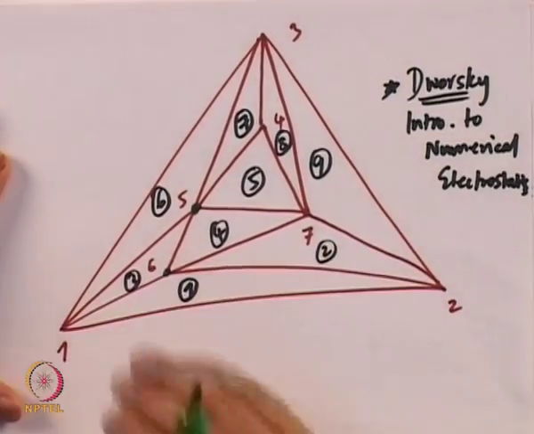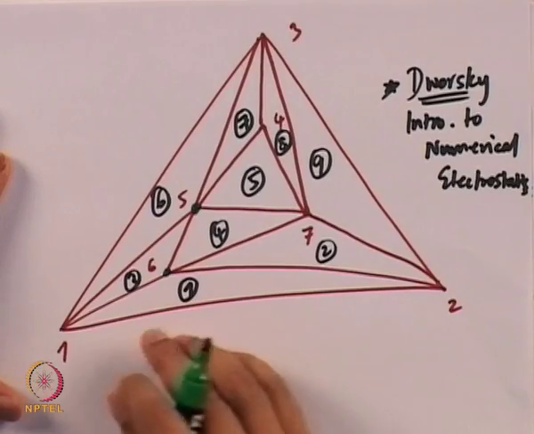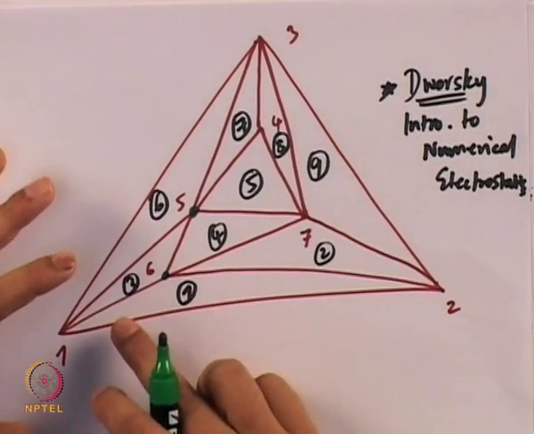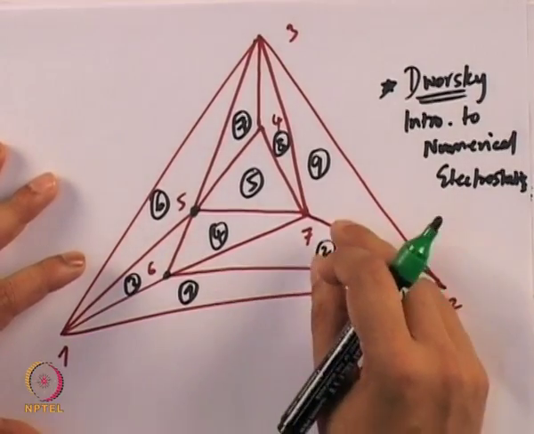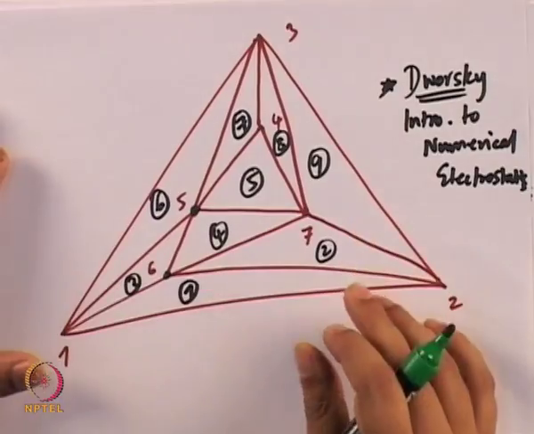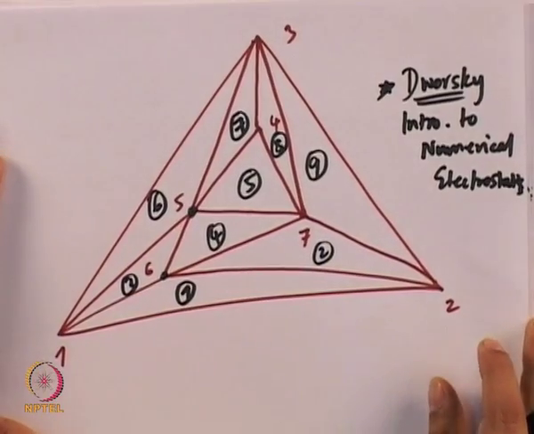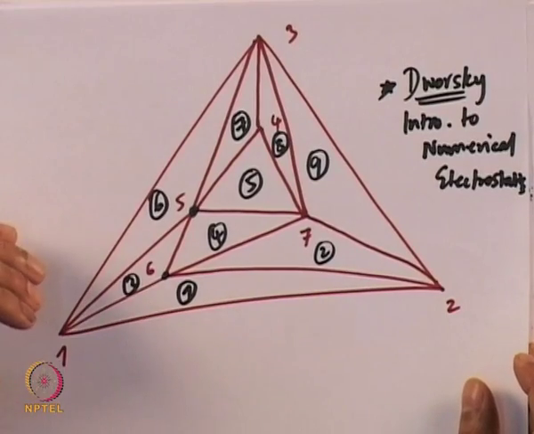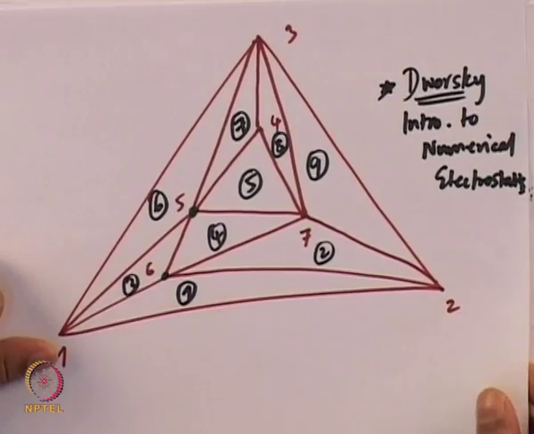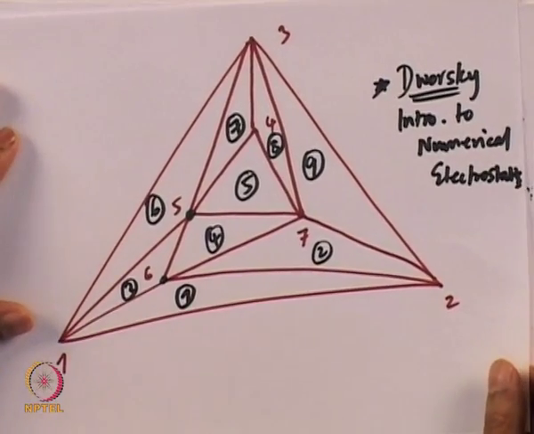There are several elements, and these elements have different edge lengths and different areas, and they are going to impact the solution in different ways. Not all triangles have the same dimensions, so we have to somehow understand the properties of those triangles. One of the geometrical properties that we will be using is the area of the triangle itself.